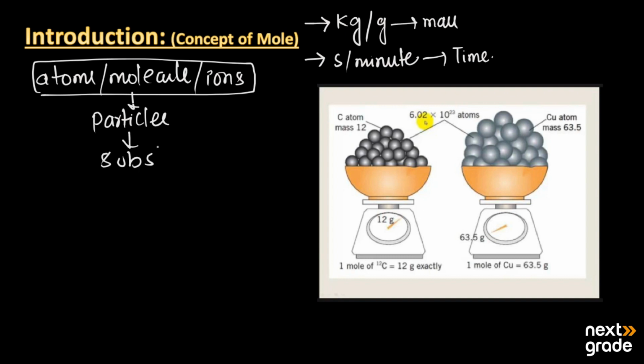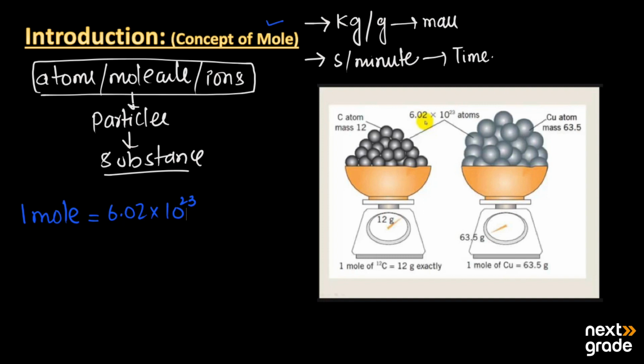So there was no way to count the atoms, molecules, or ions. So for the convenience of the human beings, the scientists put forward the concept of mole, where if any substance is present, its quantity is 1 mole, then its 1 mole will contain 6.02 into 10 raised power 23 particles.